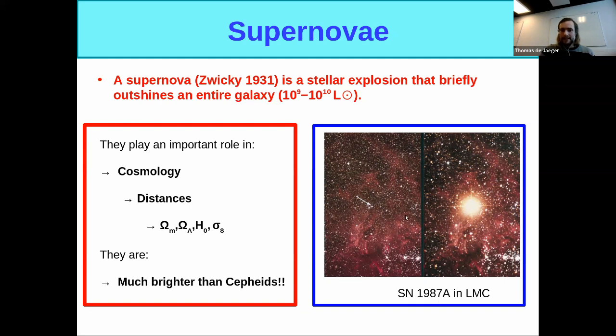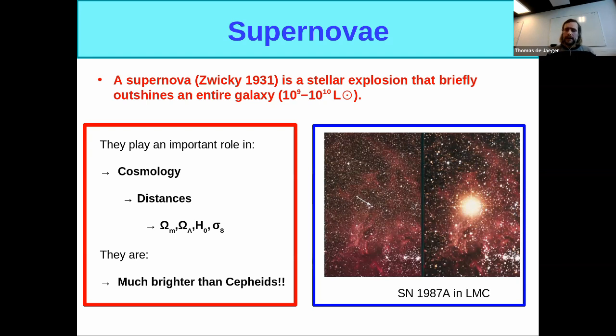You can clearly see the pre-explosion image here, where you can see a star at the arrow, and afterwards a big explosion, something very, very bright. The supernova is much brighter than anything in this galaxy, much brighter than any Cepheids that you can find. So supernovae are very useful in cosmology to derive distances.